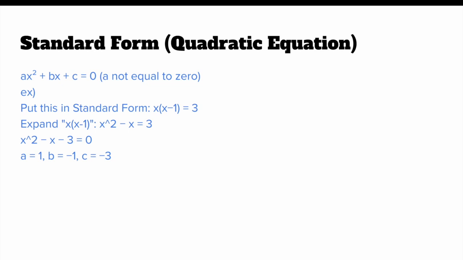So for example, when we have x times the quantity x minus 1 equals 3, we can expand x times the quantity x minus 1. It will be x squared minus x equals 3. So we can bring 3 to the left, so we can say x squared minus x minus 3 equals 0. So we can note a equals 1, b equals negative 1, and c equals negative 3.